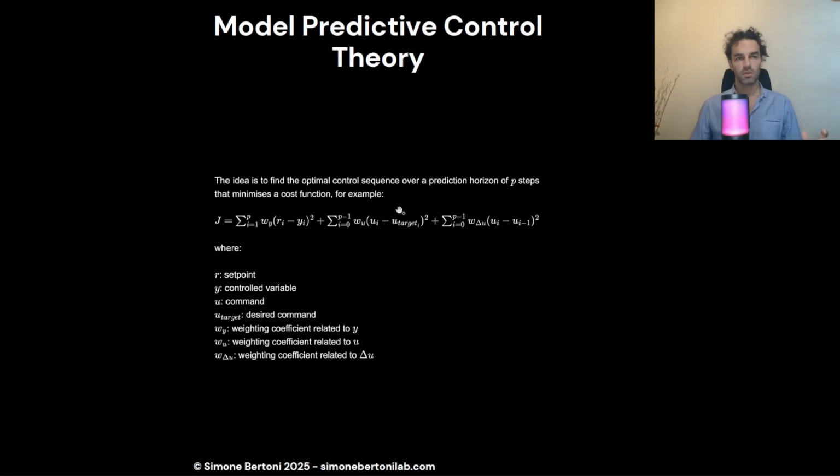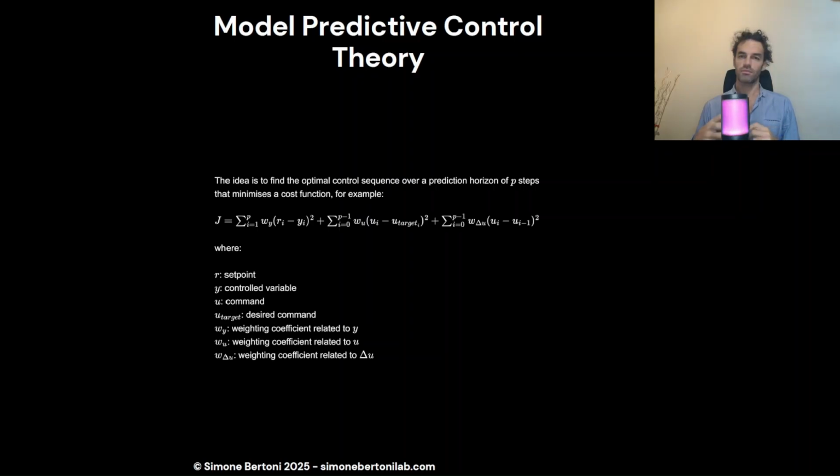Also, something that is not indicated here but frequently exists, and exists in the MATLAB ecosystem for creating MPC controllers, is the control horizon. Okay, so the idea is that the prediction horizon is how many steps we optimize on, and the control horizon is smaller than the prediction horizon, and it's how many times we can change the control action.